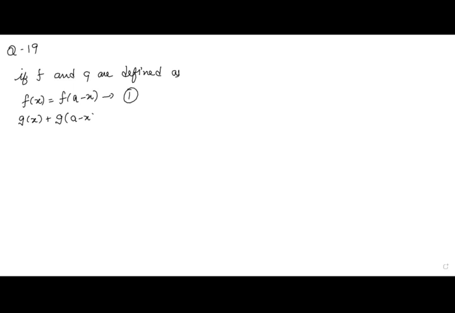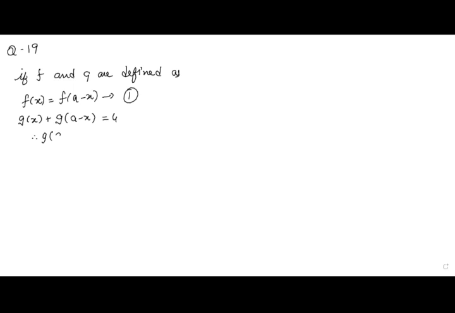Question 19. Show that integration 0 to a f of x g of x dx is 2 times integration 0 to a f of x dx, if f and g are defined as f of x equals f of a minus x, give this as 1, and g of x plus g of a minus x equals 4.